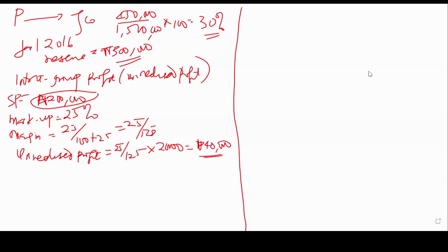Now, this 40,000 is what I was referring to the other time as well. Whenever you have to eliminate, whether it is impairment in goodwill or a profit from the subsidiary, you must pay attention to what the examiner tells you about NCI.